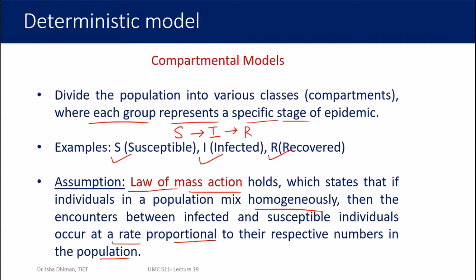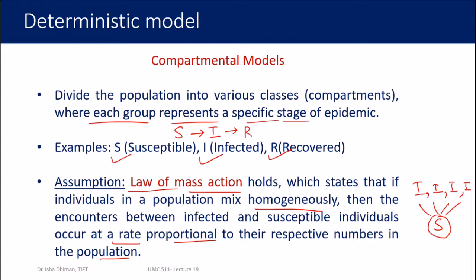That's very obvious and easy to understand: the more infected persons there are in a population, then, in the sense of probability, the chance of a susceptible person catching the infection is higher. Fewer infected people means a lower rate of transmission.